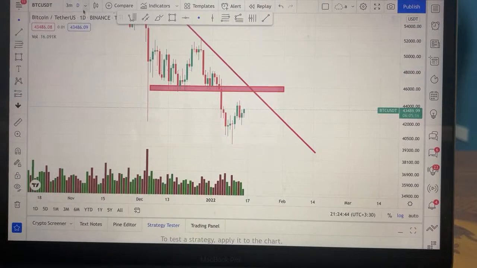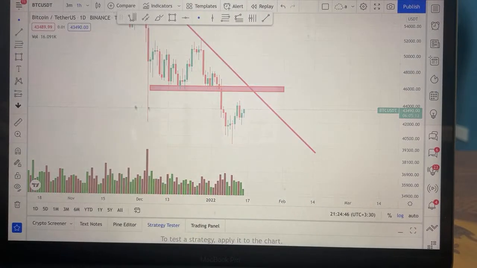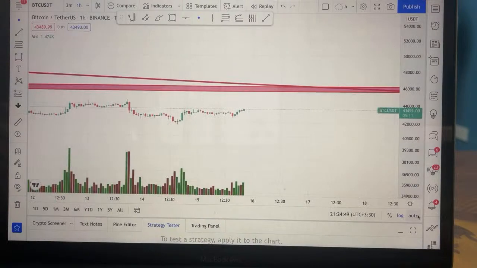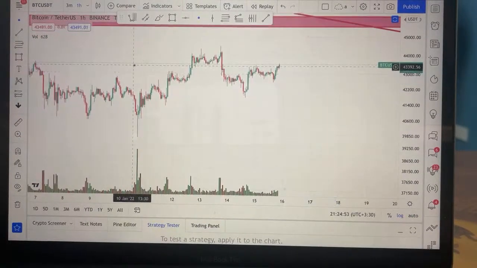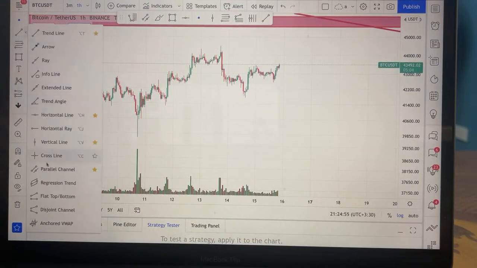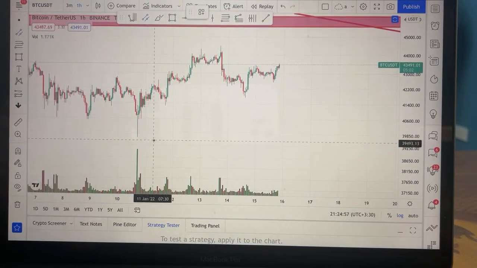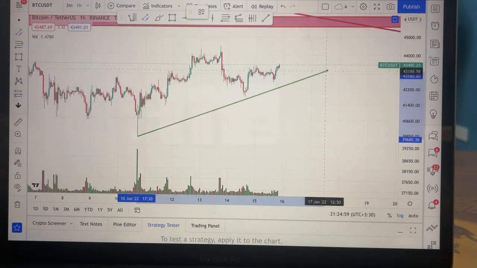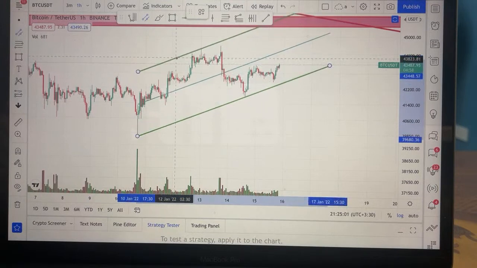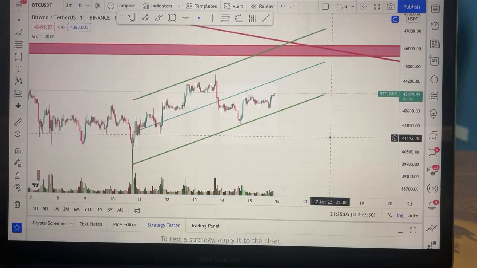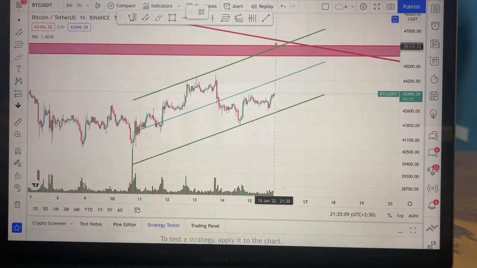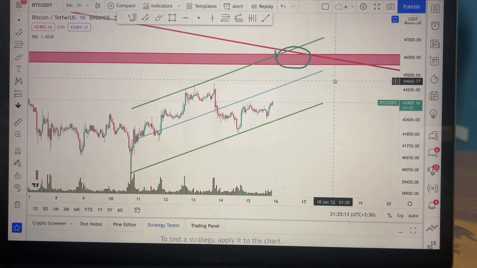If we go to the lower time frames, if we go to, for example, the 1 hour time frame, we can draw another trend line, which is going to be this one, and we have this trend line too. So right now for Bitcoin, this area is really strong.